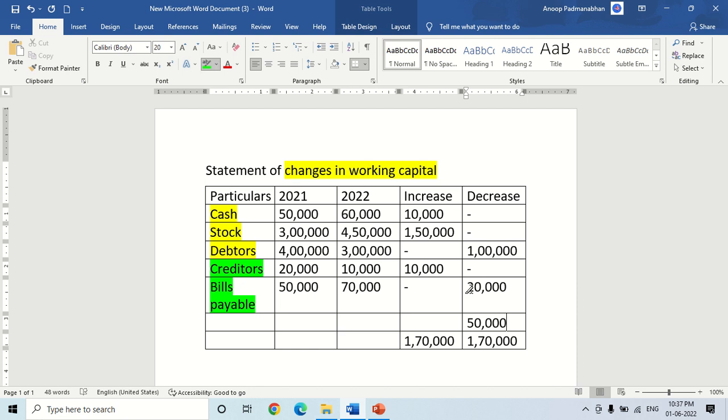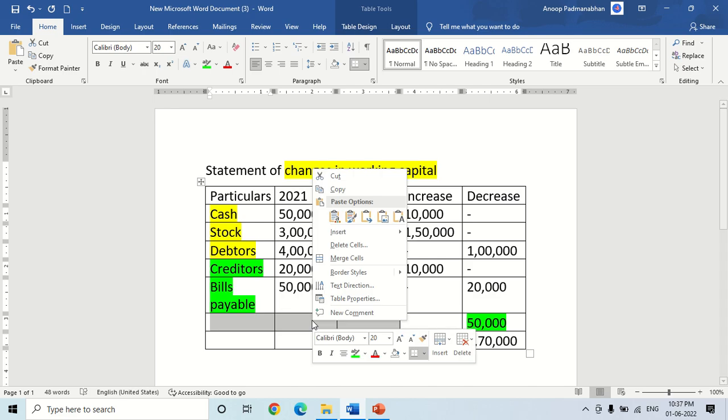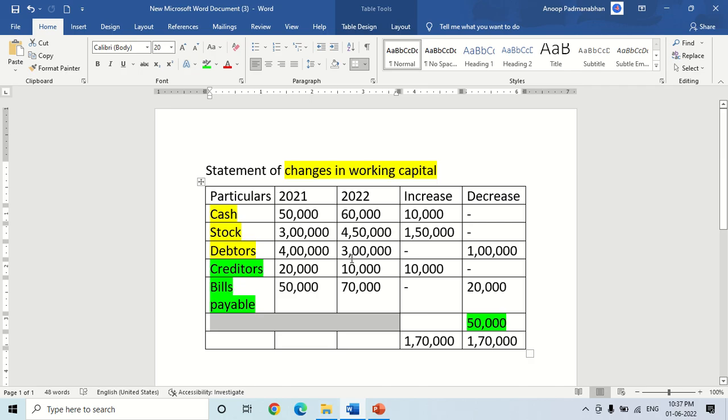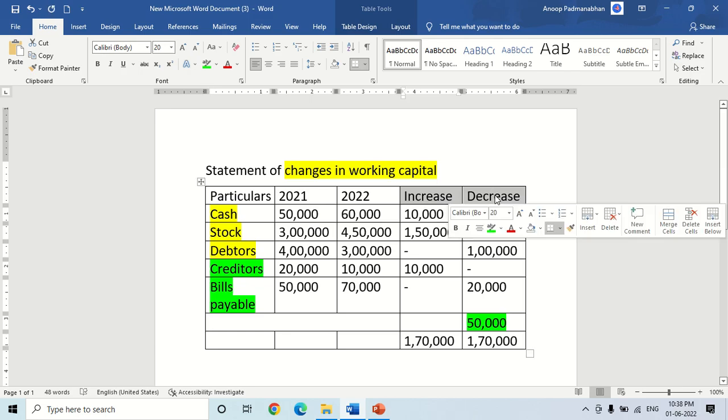So the balancing figure of 50,000 is happening in which column? Your decrease column. When we have a balancing figure in the decrease column, what does it mean? You have excess amount in the increase column. This increase column and decrease column are showing your increase in working capital as well as decrease in working capital.